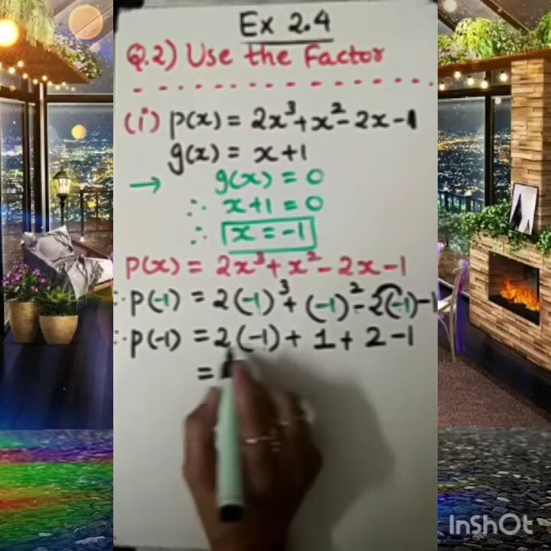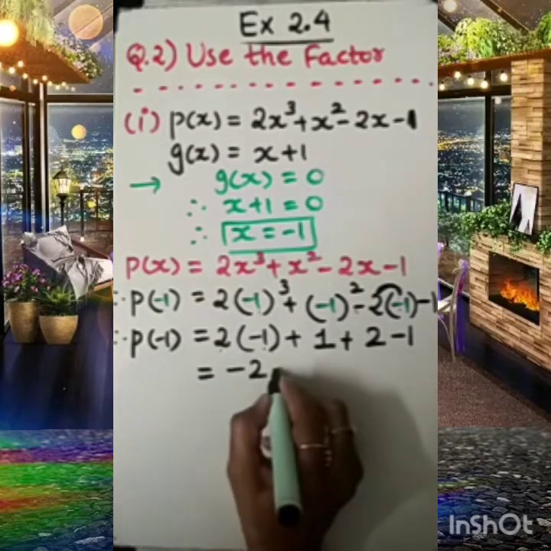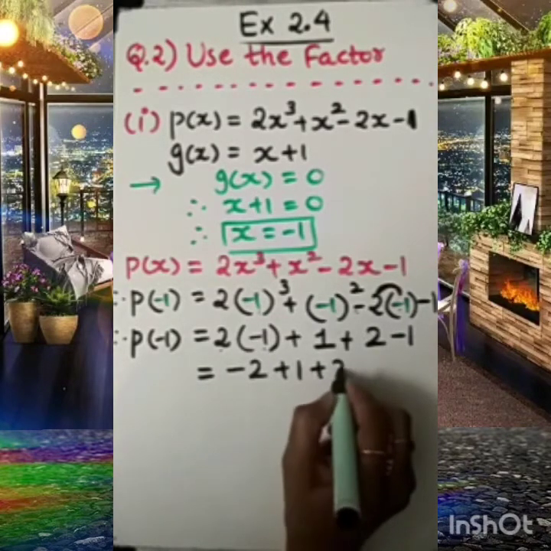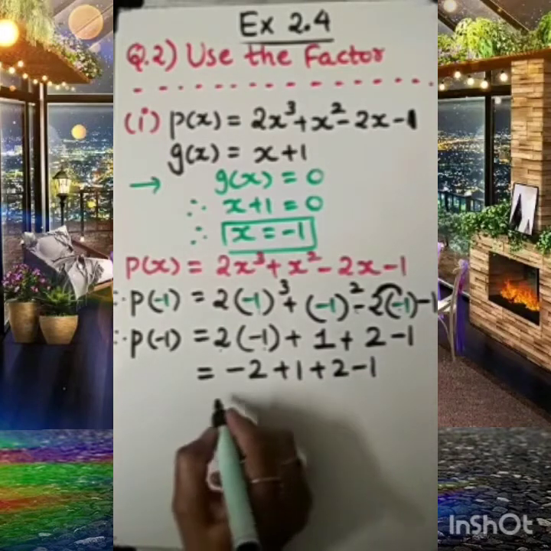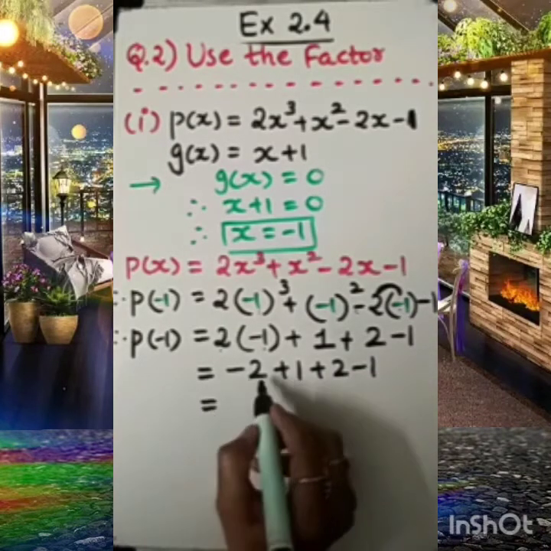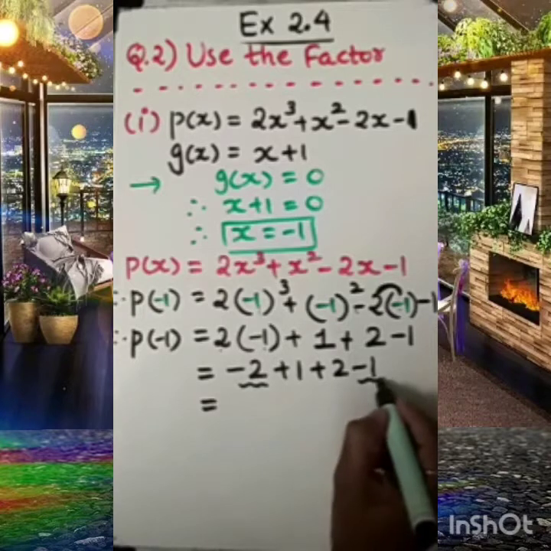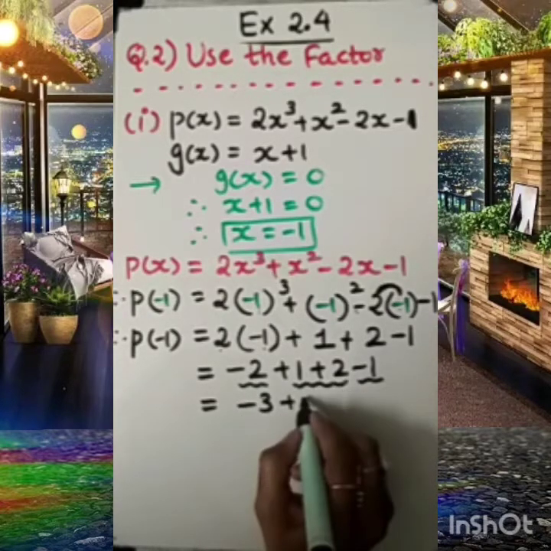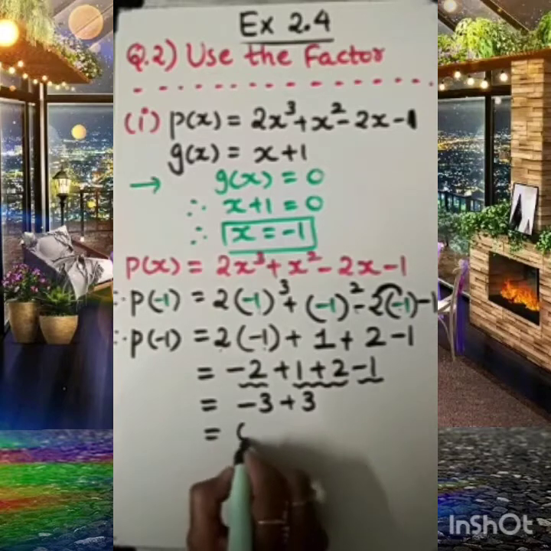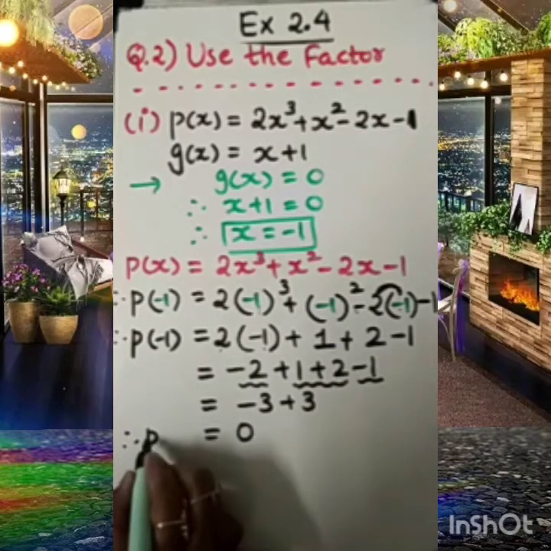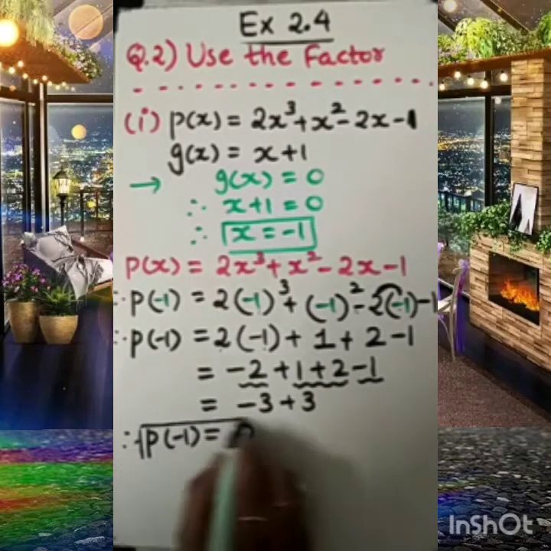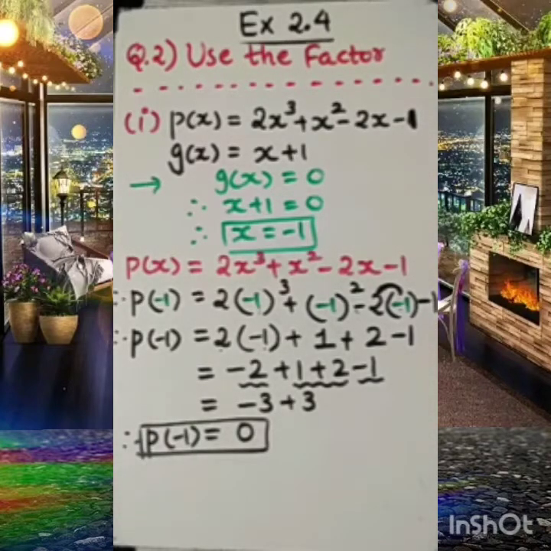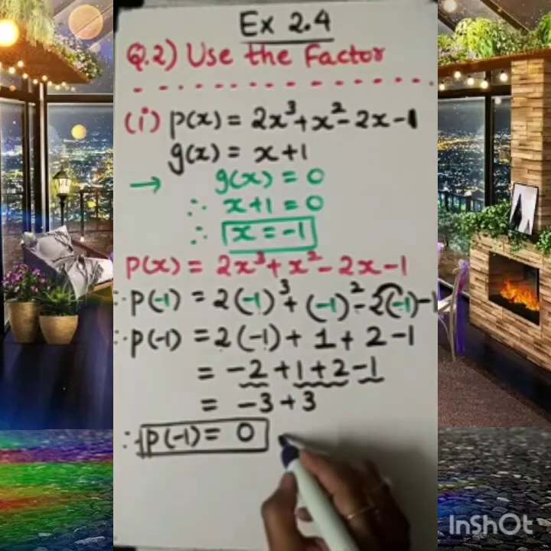So 2 into minus 1 minus 2 plus 1 plus 2 minus 1. So let's work out. Minus 2 minus 1 is minus 3. 1 plus 2, that is 3. Here equal to 0. So p(minus 1) equal to 0 we are getting. The value is coming 0.